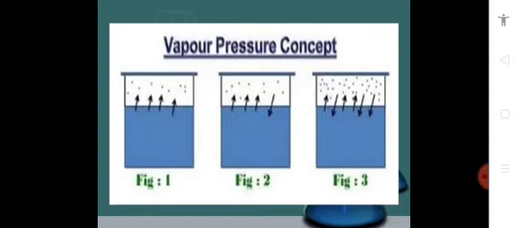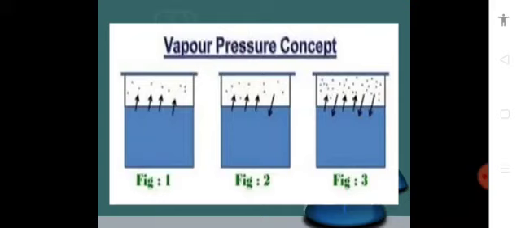Here we can see in figure 1 a container that is half filled with a liquid and it is sealed. Above the liquid there is empty space. When the container is heated, the kinetic energy of the liquid increases, and due to this increase it converts to the vapor form.